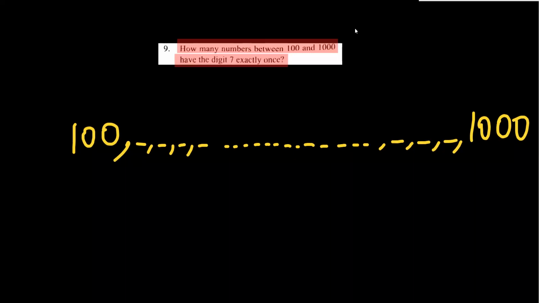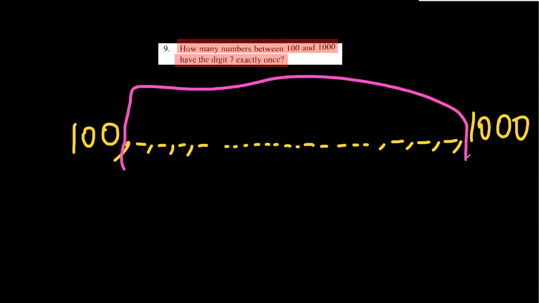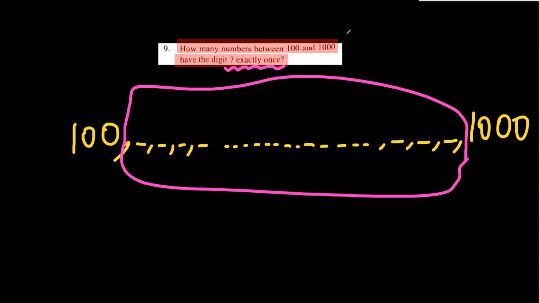They are saying: how many of these numbers have digit 7 exactly once? It means they're asking for a number like 107. Yes, this number. But not 177. No, not this number. Why? Because in this you have 7 two times. They don't want two times. They want exactly one. Then 237, yes, they want.